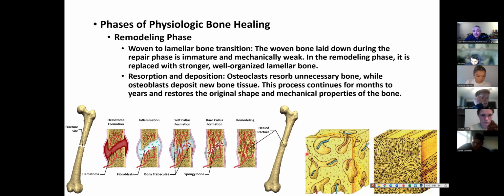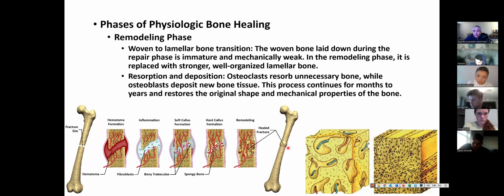Gradually, under the applied load on this bone, this woven bone remodels and turns into lamellar bone. And this is the final stage. And the fracture unites.